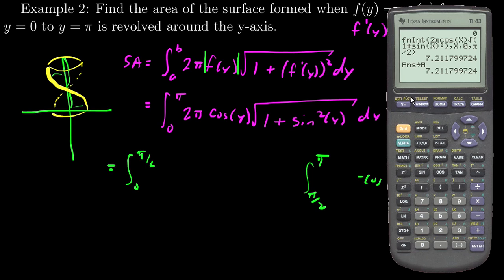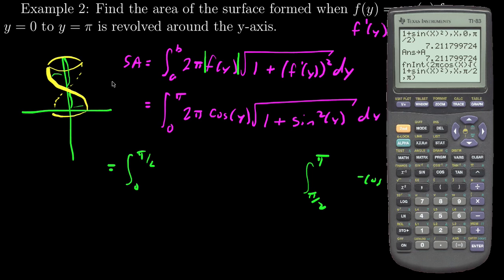and then I'll go and do the integral from pi over 2 up to pi. So I'll get the second entry, and if you're careful and you notice, it's going to be the same thing. You can see it's symmetric, but I'll type it in just so that we see it does work out that way. So pi over 2 up to pi.